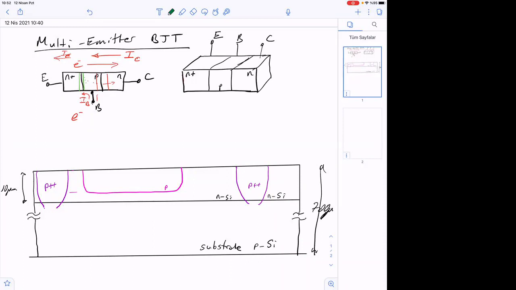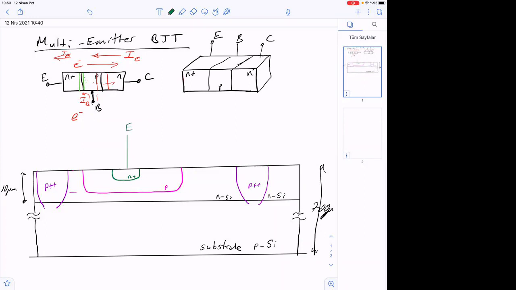So we make here, let's say, N+. When we have N+ here, that's going to be our emitter.